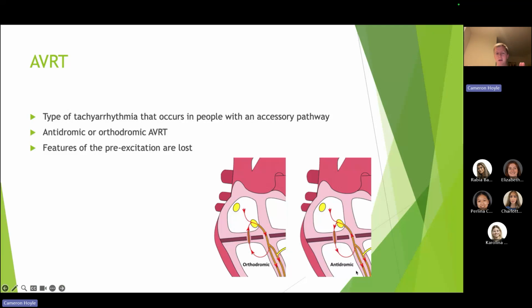So it starts to contract before the proper impulse comes in from the conducting system. If the patient has got Wolff-Parkinson-White syndrome and they go into an AVRT, that feature of pre-excitation is lost on the ECG, so you just won't see it. It will look like a normal QRS complex, essentially. So it's very difficult to distinguish.